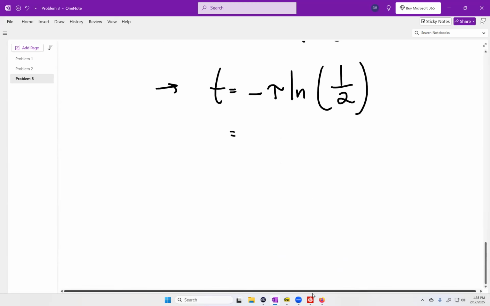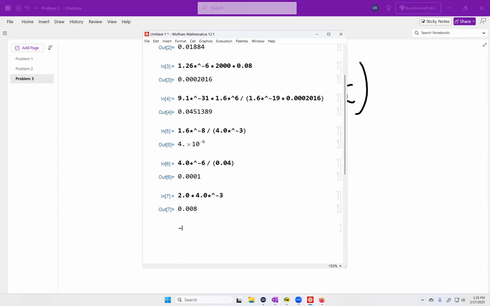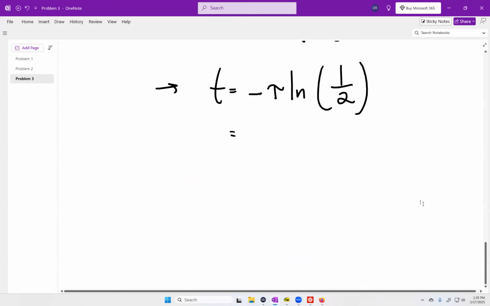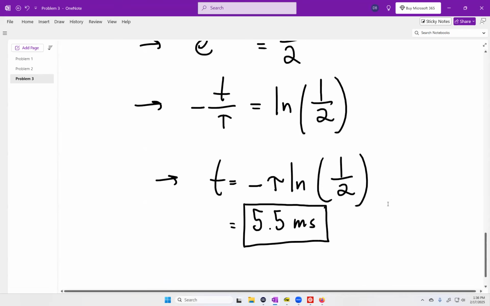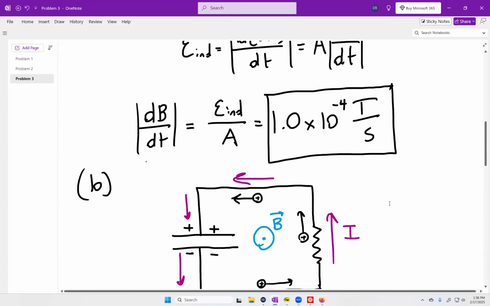If I plug in, it's just minus 8 milliseconds times natural log of 1/2. I get about 5.5 milliseconds. All right, and that's that.